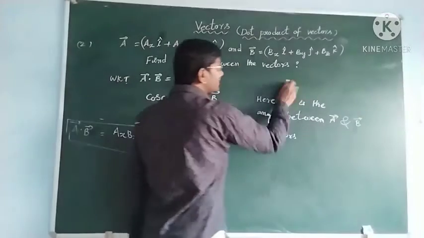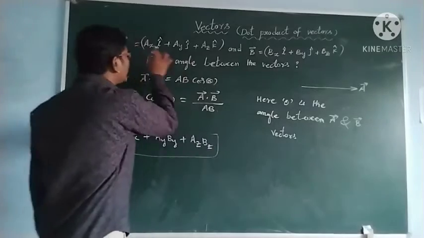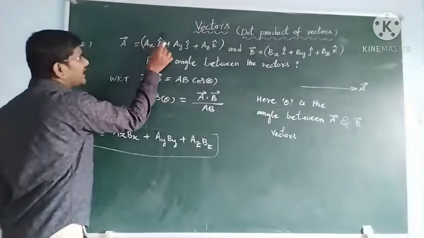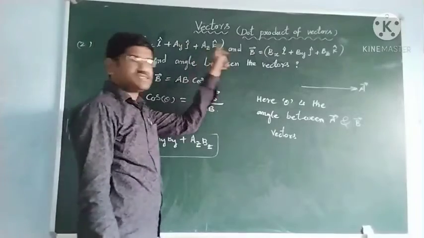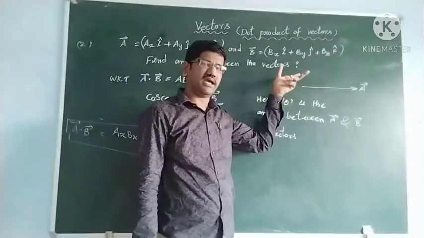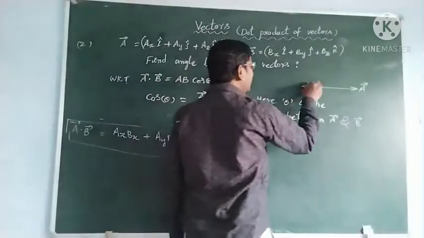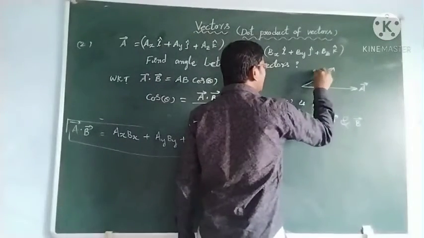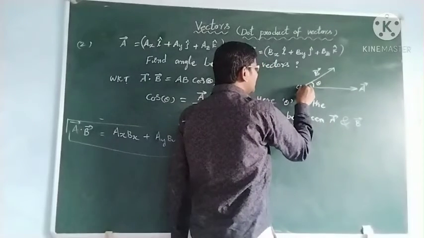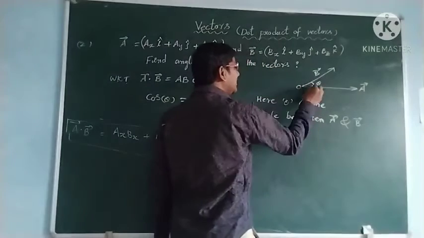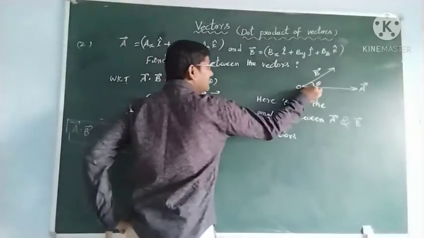So if a bar is a vector given in Cartesian coordinates like ax i cap plus ay j cap plus az k cap, and similarly b bar is given as bx i cap plus by j cap plus bz k cap, then we are asked the angle between the vectors. This is the b bar vector, this is the a bar vector, and the angle between them from the initial point is theta.